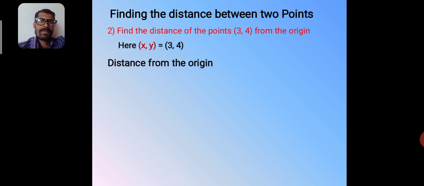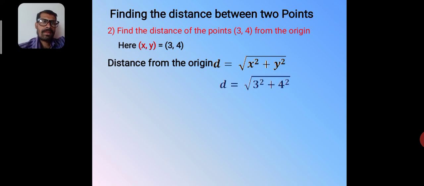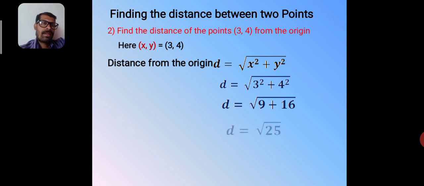Therefore the distance from the origin is given by the formula d is equal to the square root of x square plus y square. So d is equal to the square root of 3 square plus 4 square. d is equal to the square root of 3 square is 9 plus 4 square is 16, that is, d is equal to the square root of 9 plus 16 is 25. The square root of 25 is 5, so d is equal to 5 units.